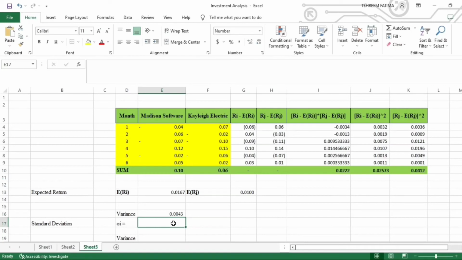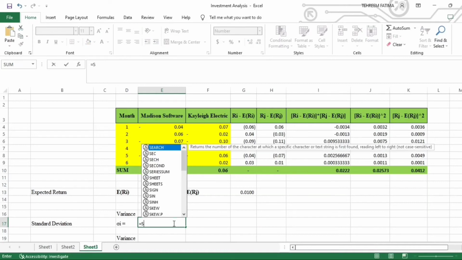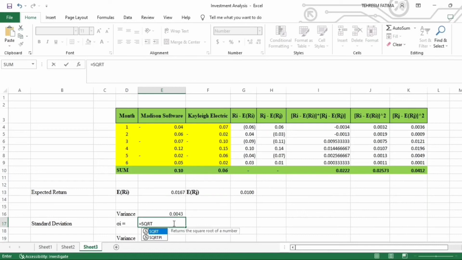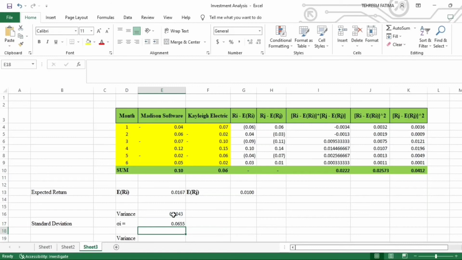I'm going to take the square root of the individual assets in the two asset portfolio. For Madison Software, equals square root of the variance, SQRT parenthesis open, this value, parenthesis close, enter.